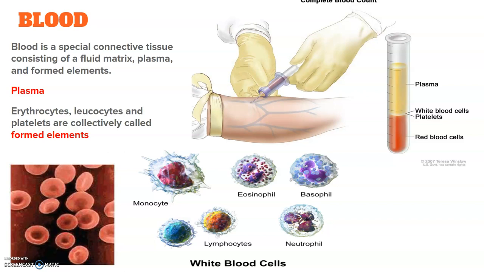They have two main categories: granulocytes and agranulocytes. You can see here the granules.